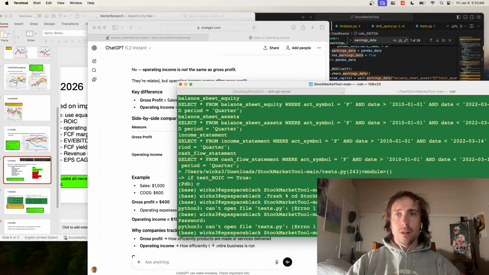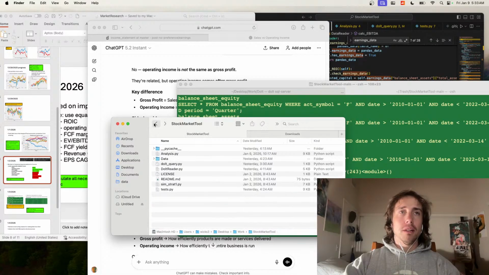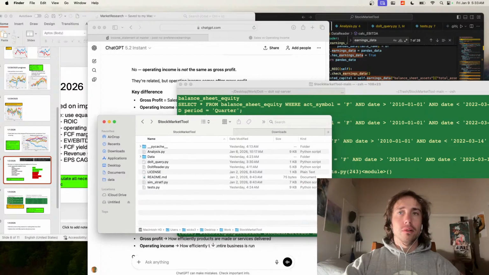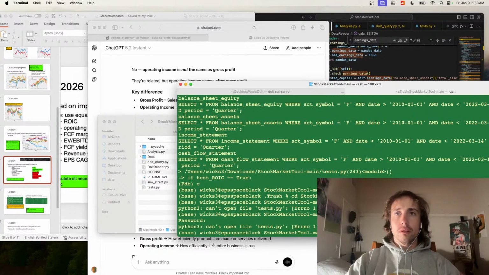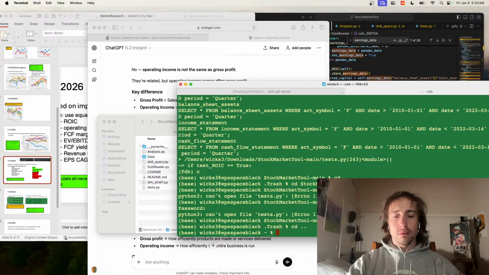Let's just do the stock market tool. Oh, so this is the demo I was showing the other day. Back up to here. Stock market tool.